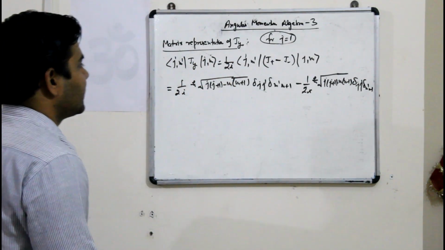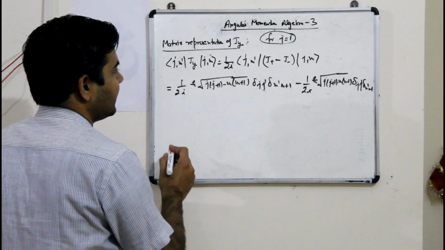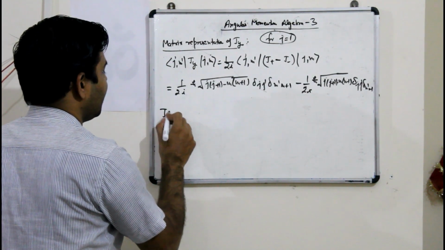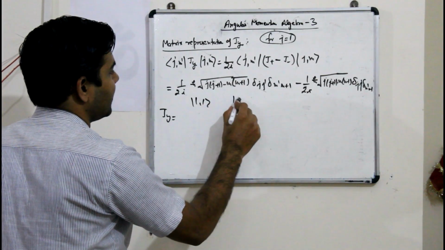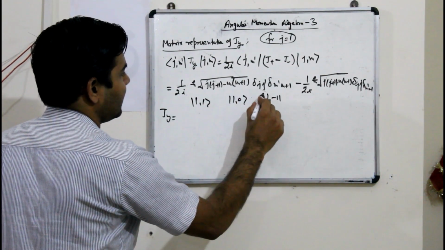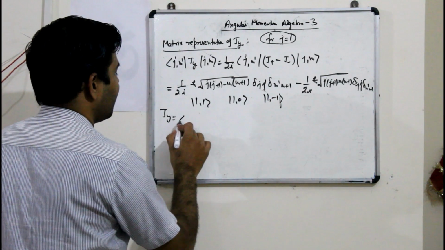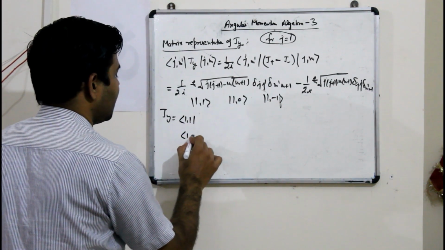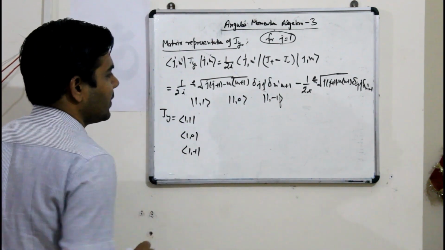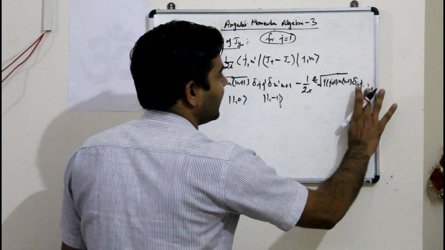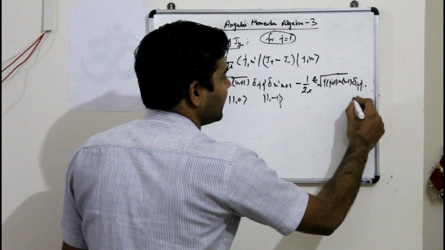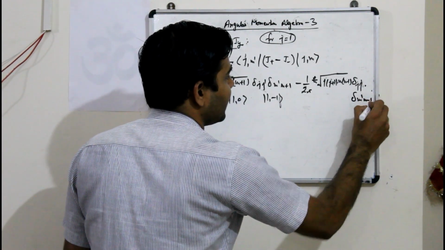Okay, so for the Jy matrix, we get the elements 1, 1, 1, 0, 1, minus 1, with the deltas m prime m plus 1 and m prime m minus 1.